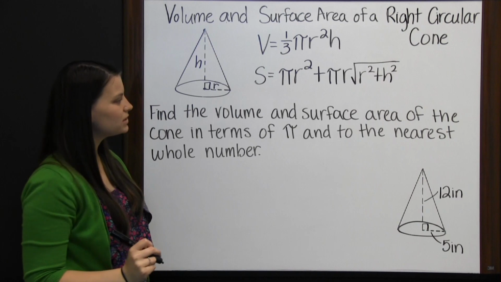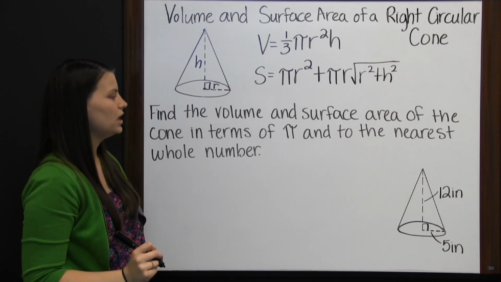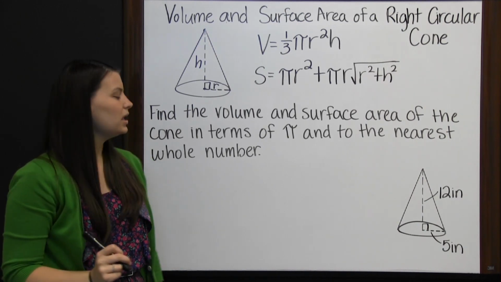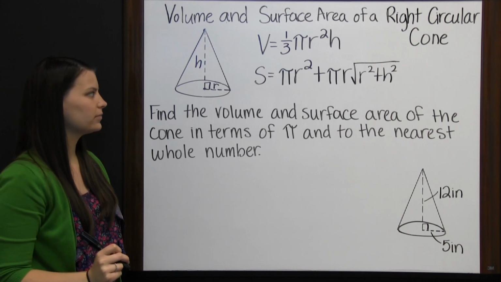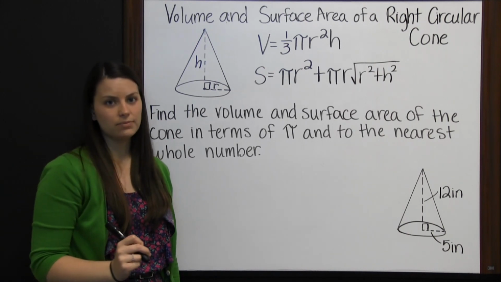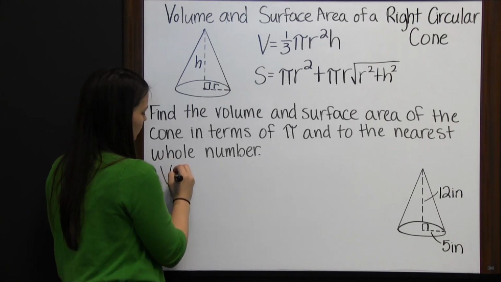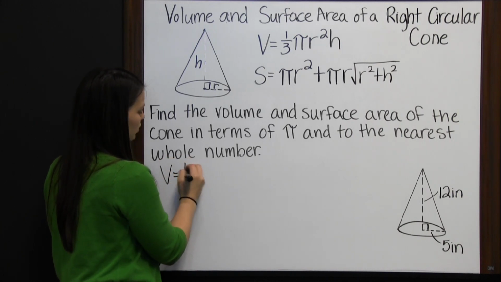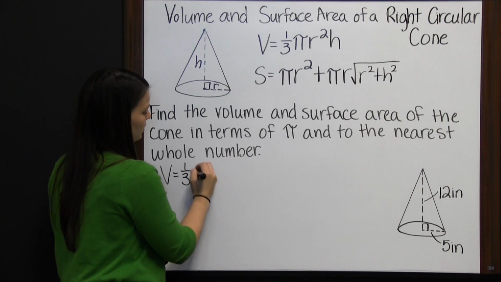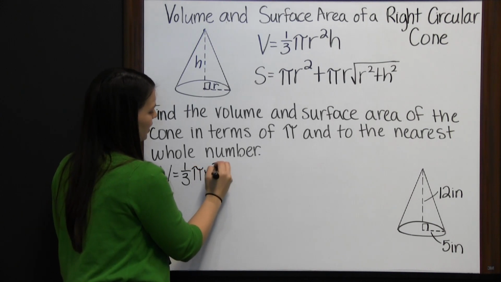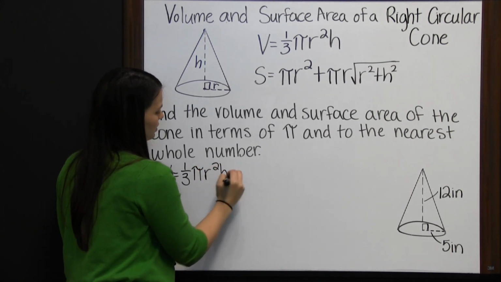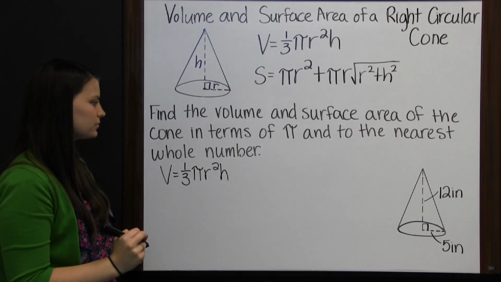Find the volume and surface area of the cone in terms of pi and to the nearest whole number. We'll start with volume. So first we're going to write our volume formula. Volume is 1/3 times the area of the base, pi times radius squared, times the height of the cone.